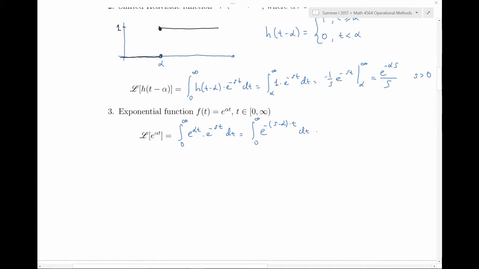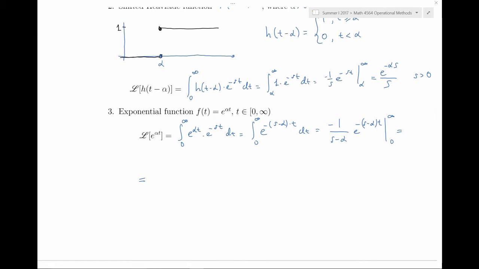Well, the antiderivative of this is minus 1 over s minus alpha e to the minus s minus alpha t evaluated from 0 to infinity. Again, I'm going to skip doing the limits.